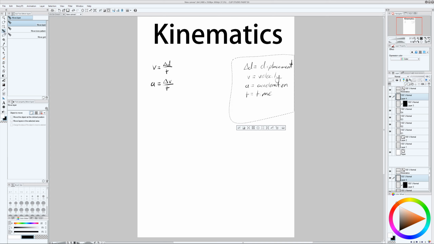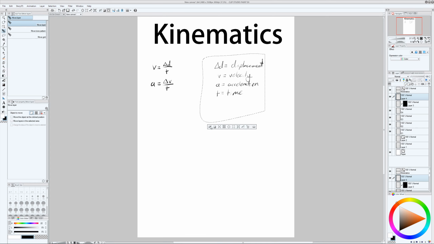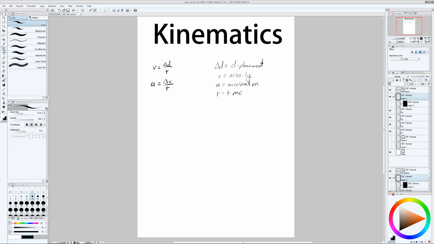So the units that you use for these are going to be meters, meters per second, and meters per second squared, and then seconds. So that's what you've already got. This part's sort of just a recap.